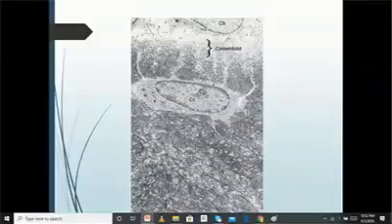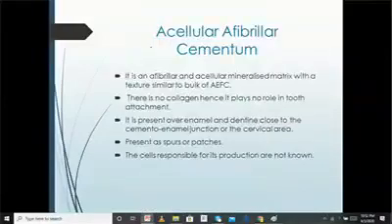So this is what happens with the rest of the matrix of the secondary cementum. This is a very important figure, and you should be able to identify which type of cementum it is by just seeing this figure.